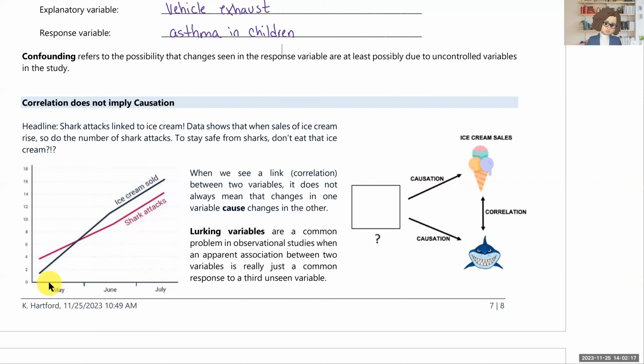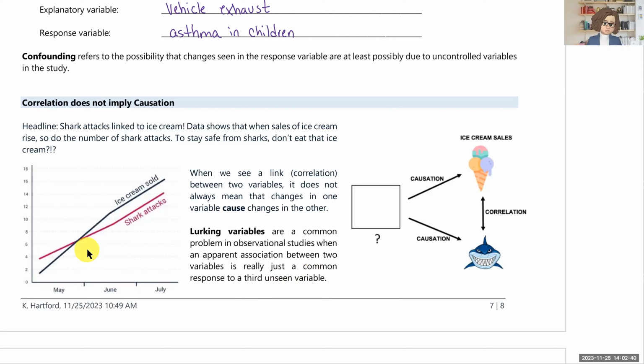The problem here is that definitely eat your ice cream if you like ice cream. It has nothing to do with the sharks attacking. So this idea of lurking variables is a common problem in observational studies, when an apparent association between two variables is really just a common response to some third unseen variable.